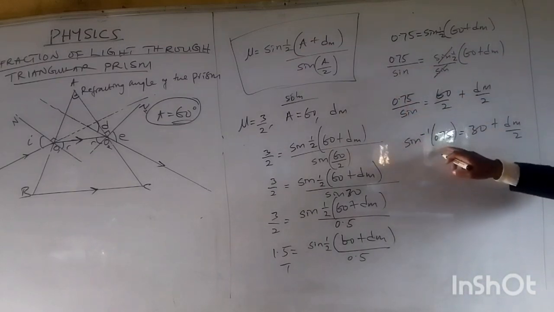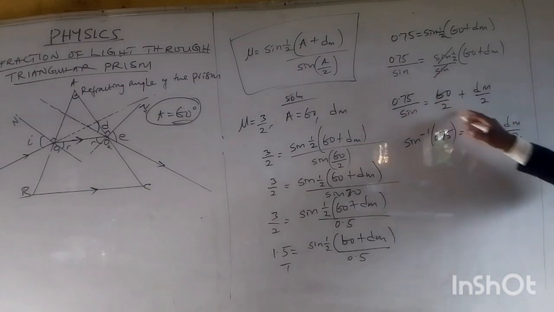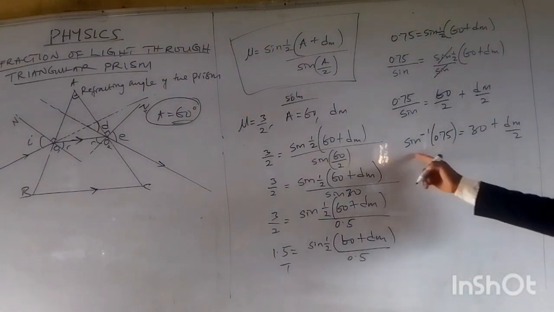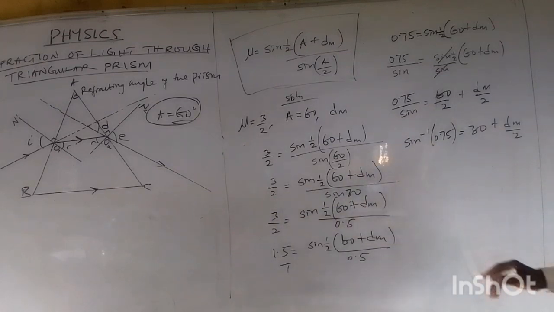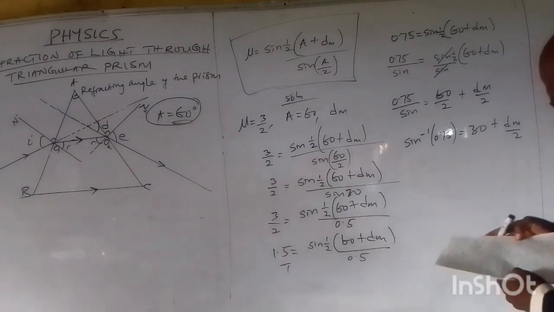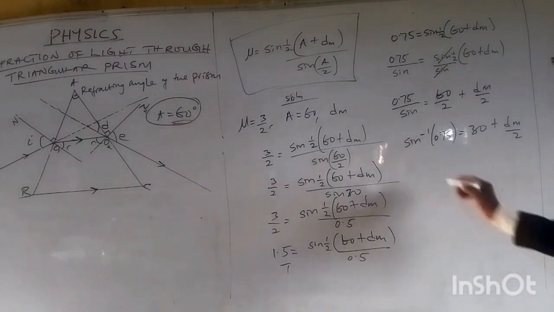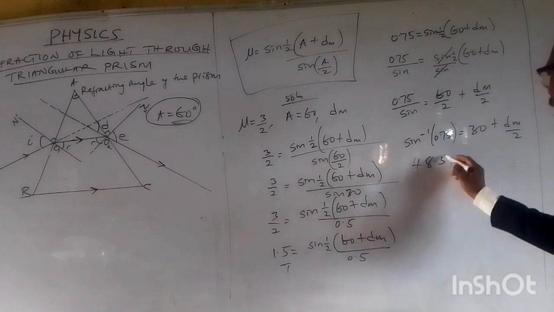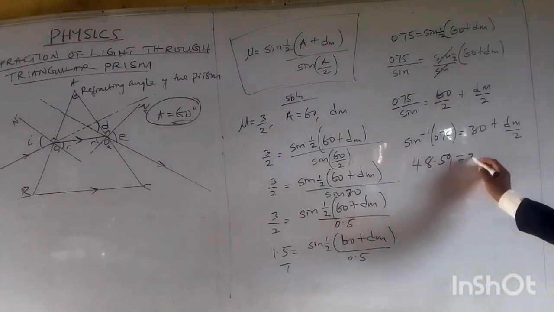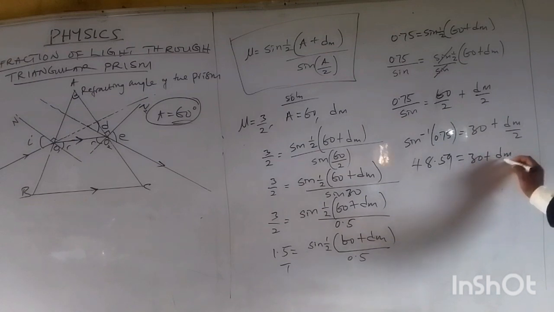So sine inverse of this is equal to 60 over 2, which is 30, plus D min over 2. Sine inverse of 0.75 by calculation will give us 48.59 equal to 30 plus D min over 2.